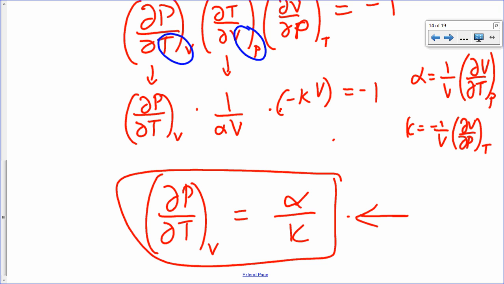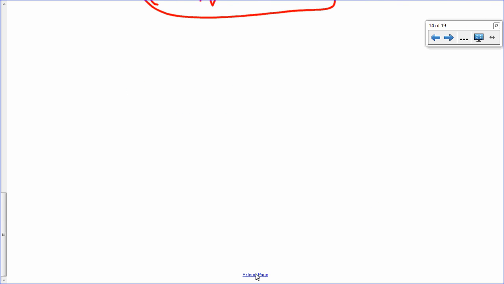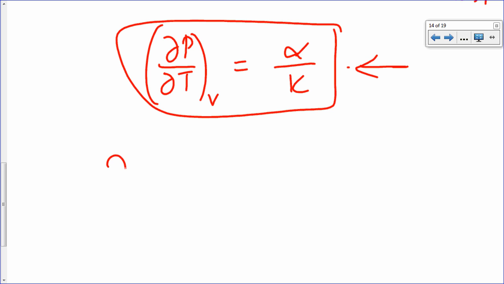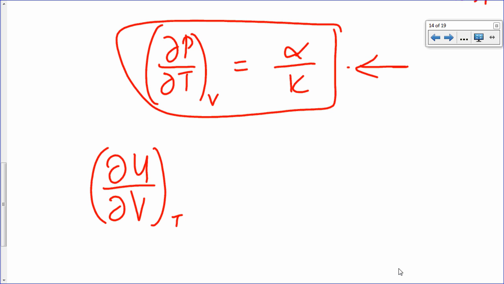It's a good relationship to remember. So another way you can write your pi sub T, your thermodynamic equation of state, the partial of U with respect to V at constant T, is equal to T alpha over kappa minus P. Okay.